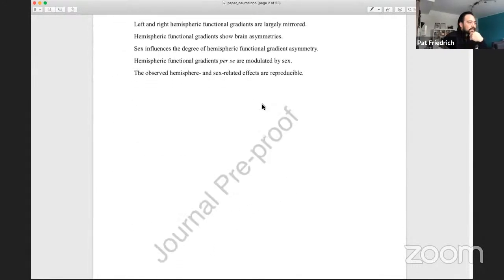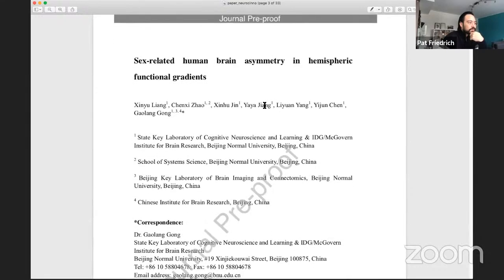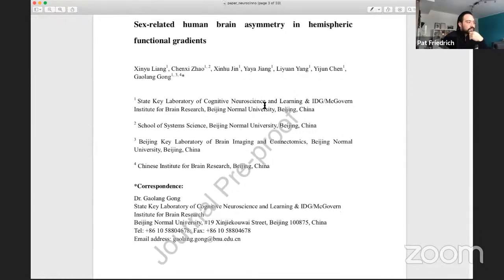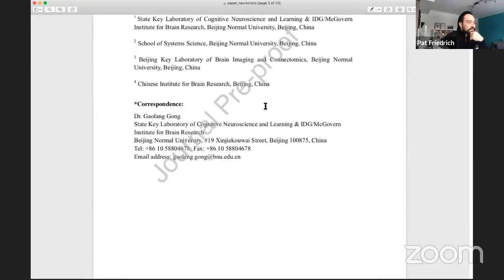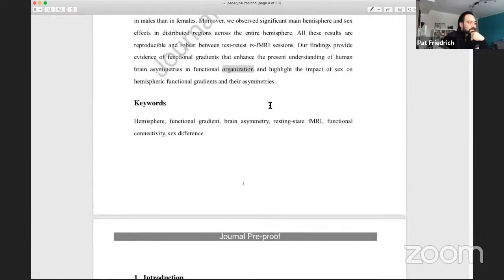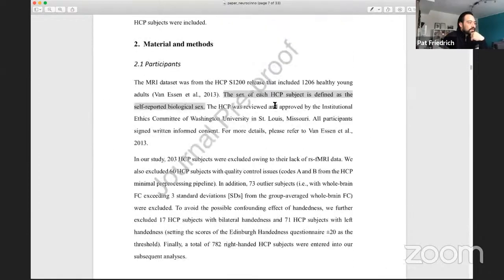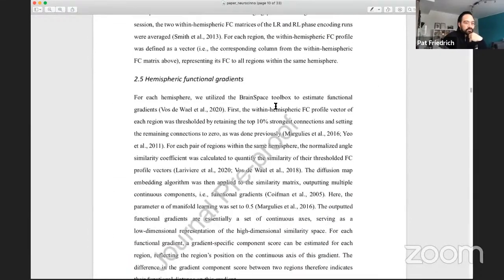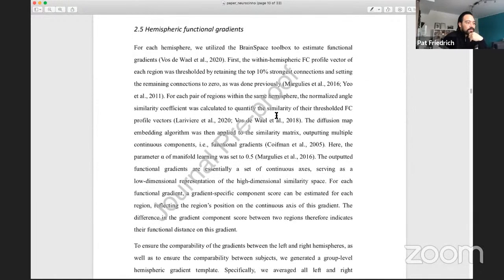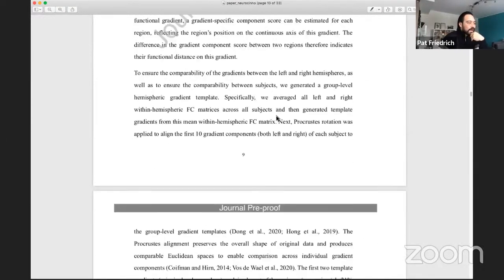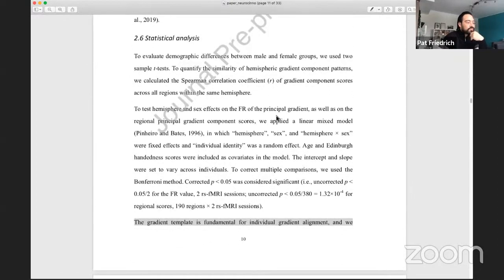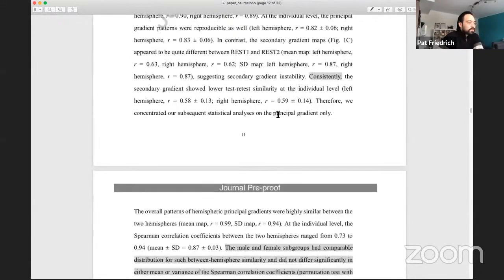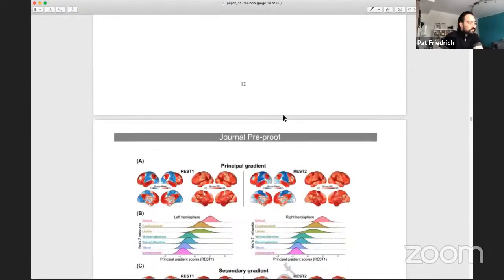What they basically did was, for the first time, to look into the differences in the principal and secondary functional gradient between the two hemispheres, so the asymmetry, so to speak. For this, they used the Julich atlas, because one of the problems is to define areas that are homotopic in their functions. The atlas does this and defines 119 parcels per hemisphere, which are functionally somewhat equivalent.